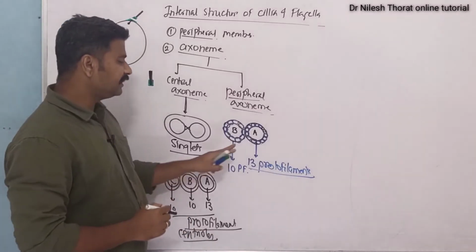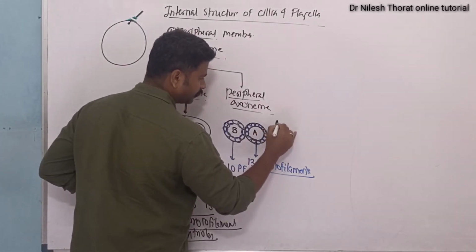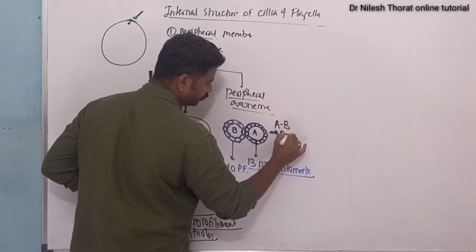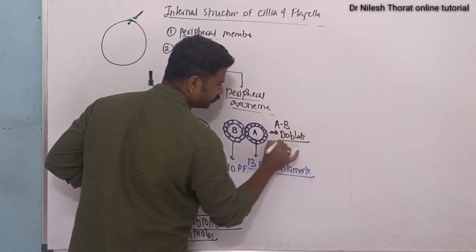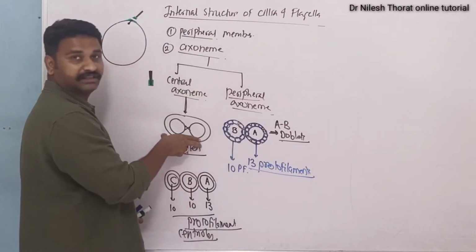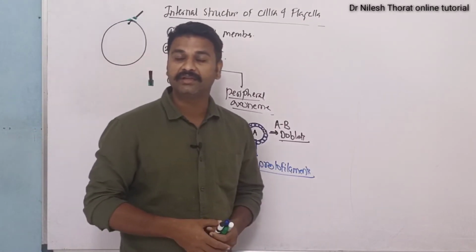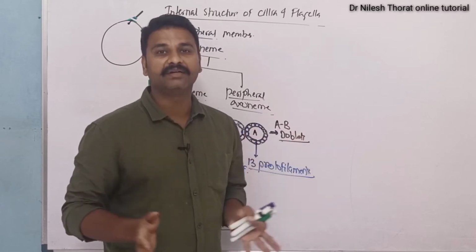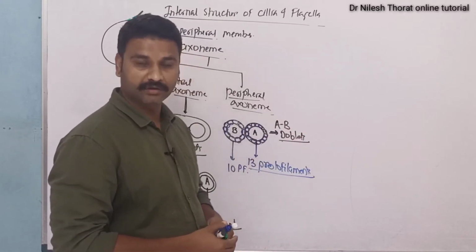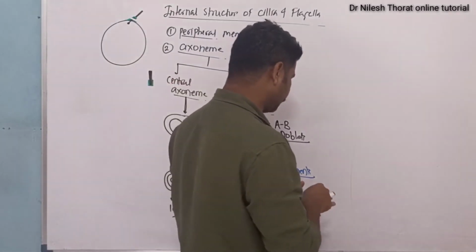Now these AB doublets are placed surrounding the central sheath. Okay, and we are having such 9 AB doublets which are surrounding the central sheath at equal distance. So let's try to draw the diagram for the internal structure of cilia and flagella.